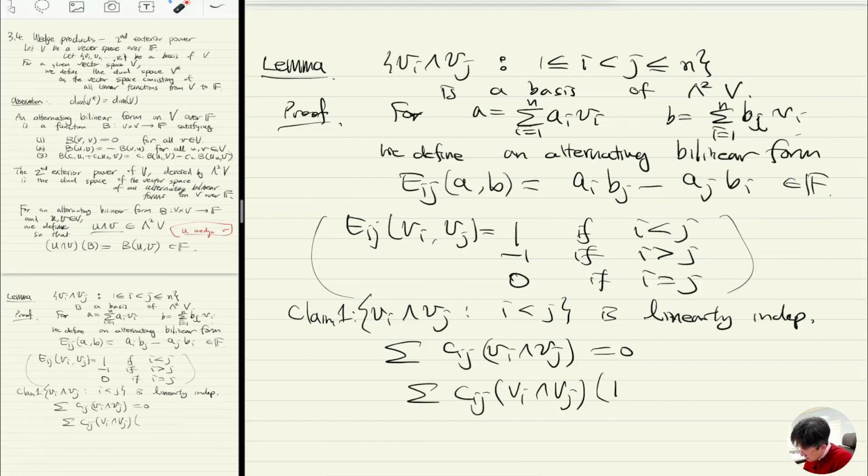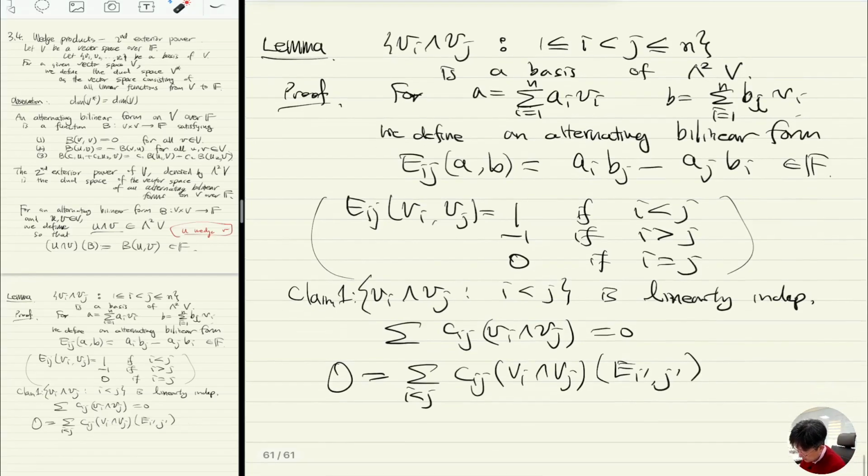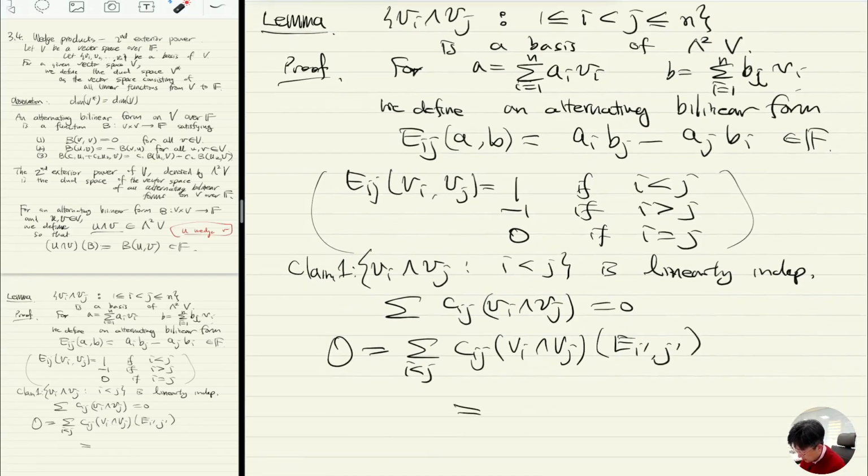Then I put V_i, V_j, and I put E_i'j'. So this is 0, but what does this end up being? This is the same as saying C_ij and E_i'j' of V_i, V_j.